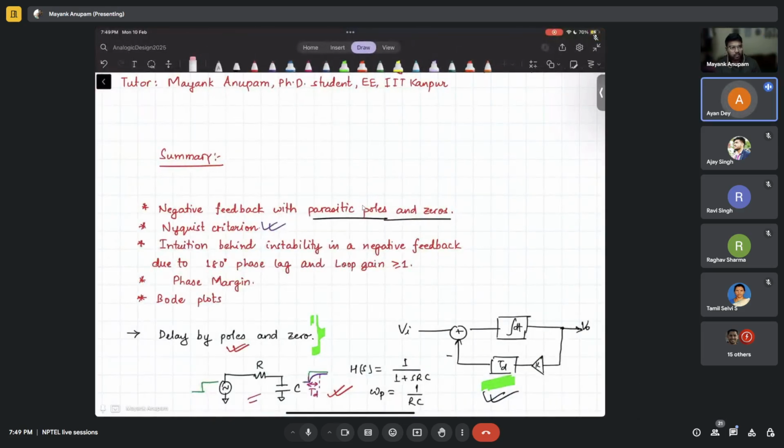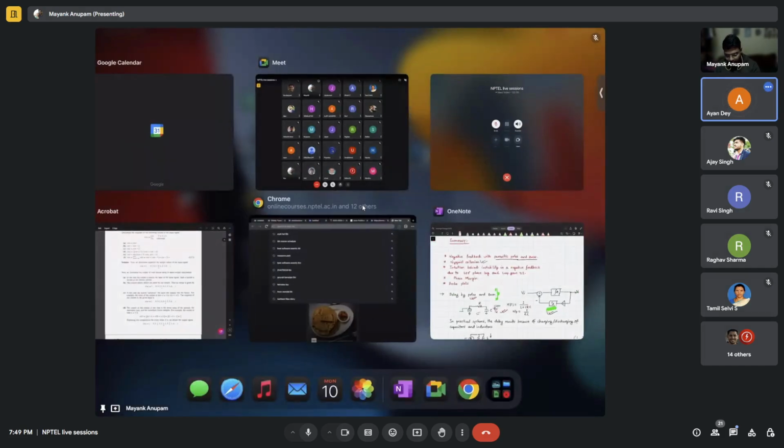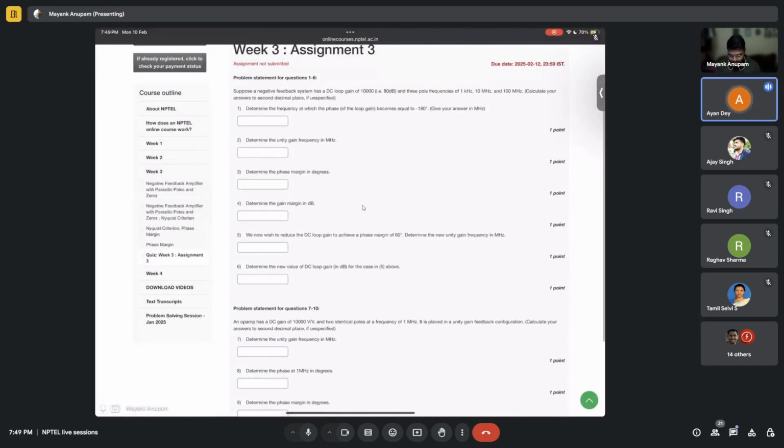Sir, I have two doubts, based on the assignment three statement. The statement said that an op amp has a DC gain of 10,000 V by V. Shouldn't it be voltage by second? No, why?